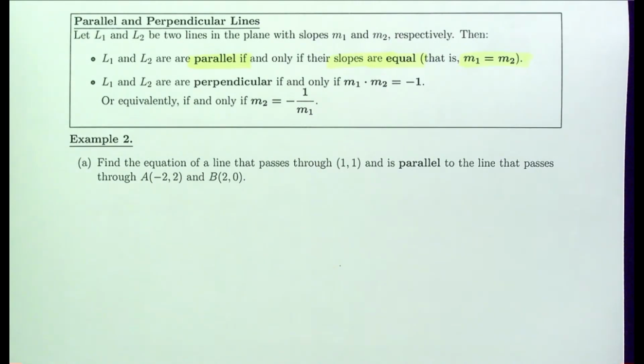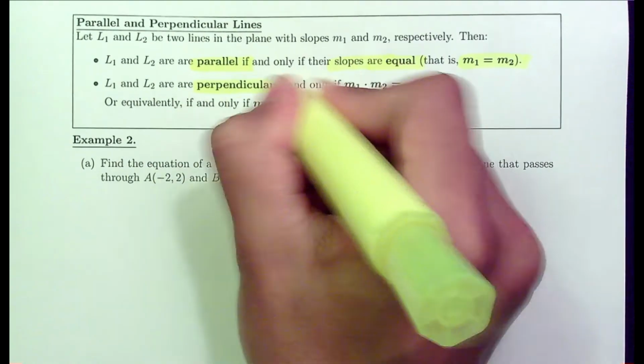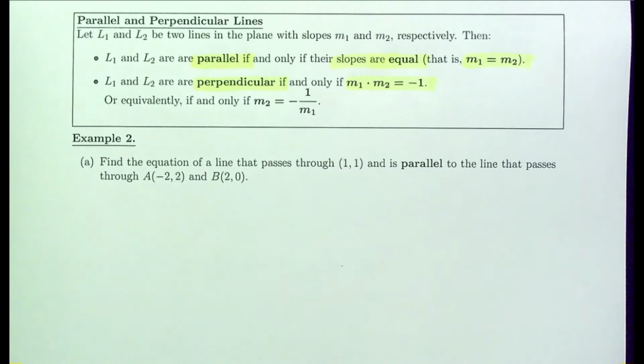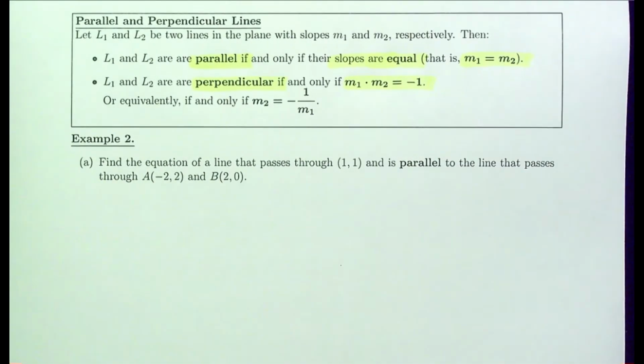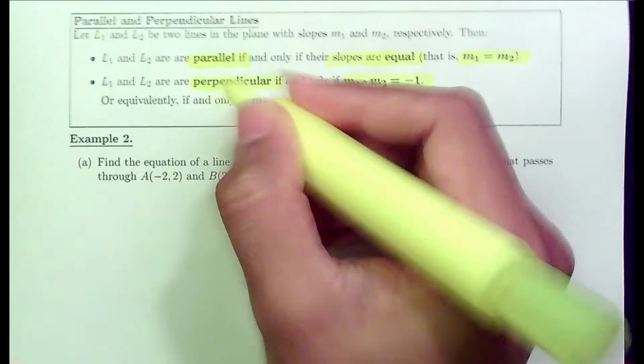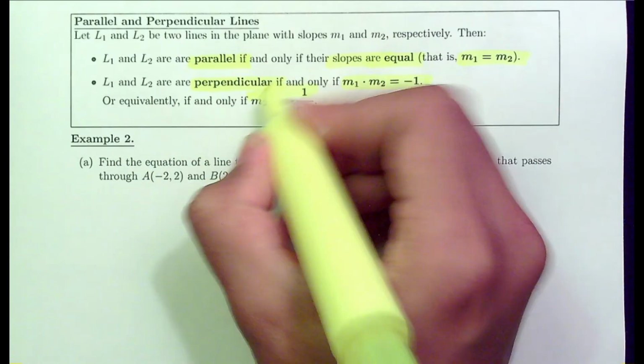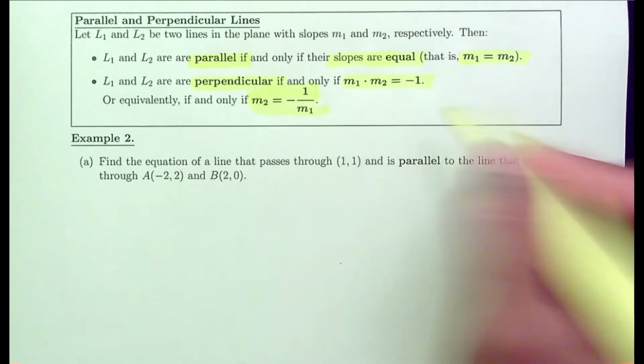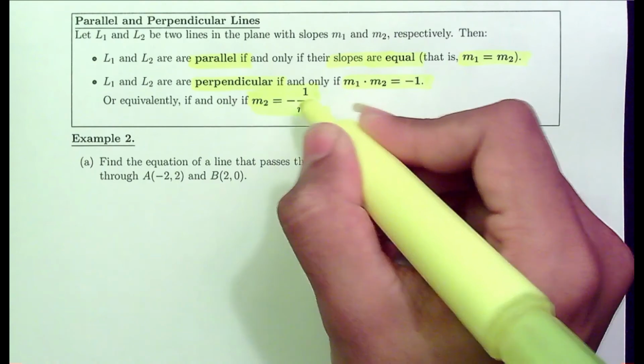If they're perpendicular, the relationship is as follows. If 2 lines are perpendicular, the product of their slopes is -1. And the best way to remember this is not by remembering that the product is -1, but by remembering that if you solve for, let's say, m2 from here, so you divide both sides by m1, you get m2 equals -1 over m1.